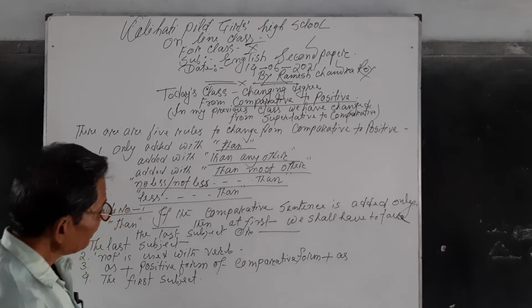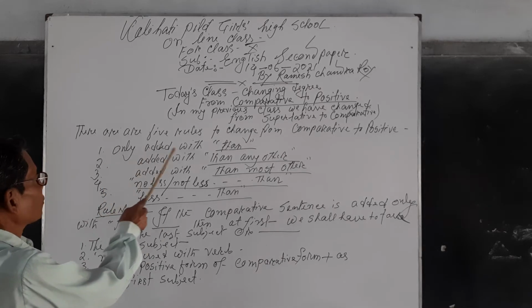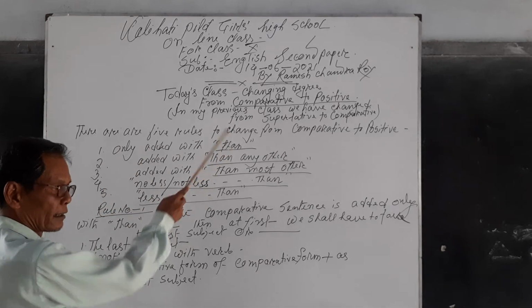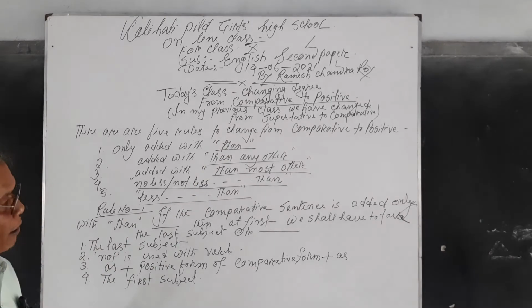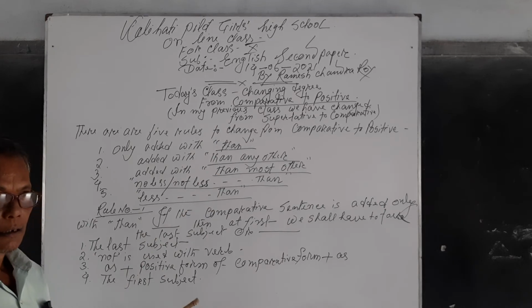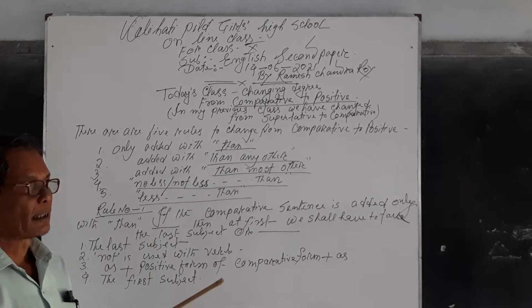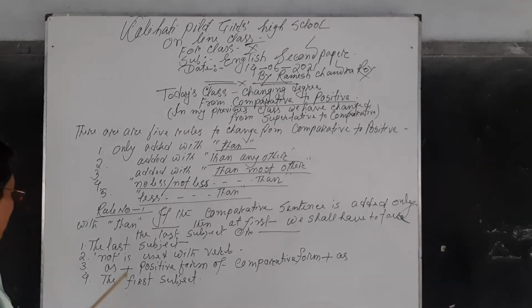Dear students, now we are discussing only added with only than. If the comparative sentence is added with only than, we shall have to take at first number one, the last subject.